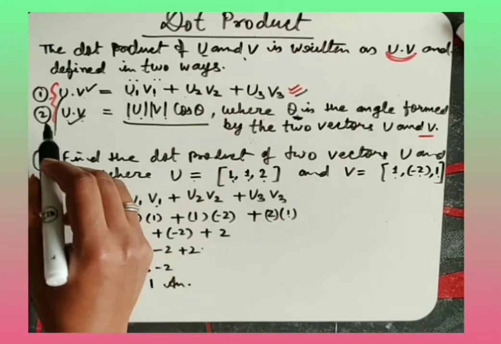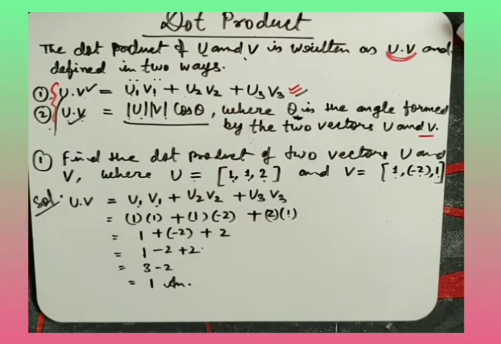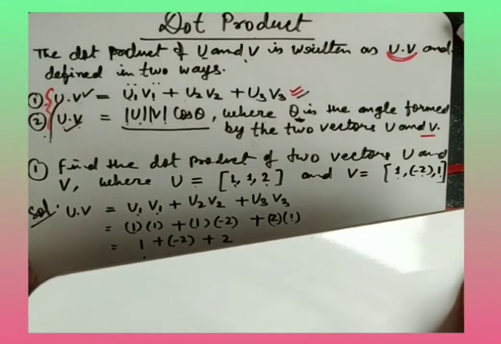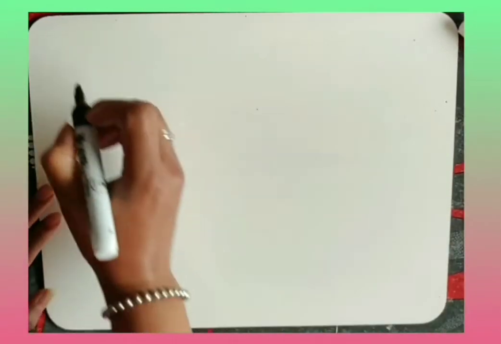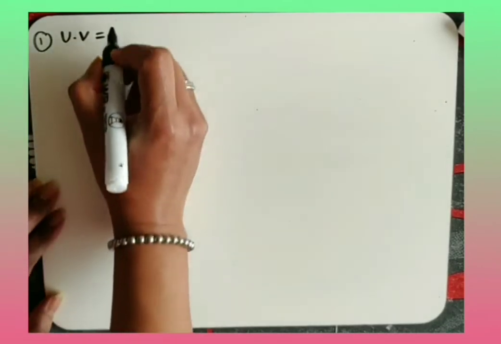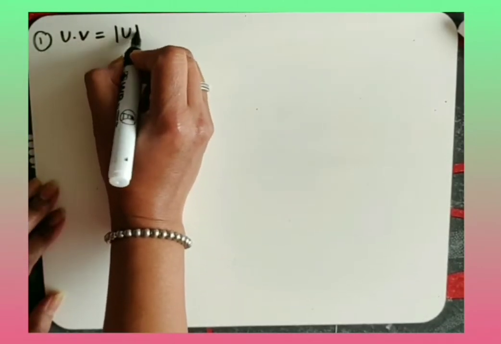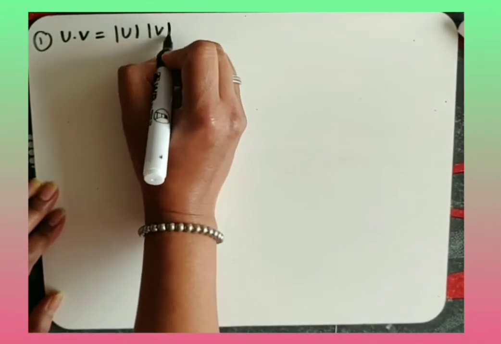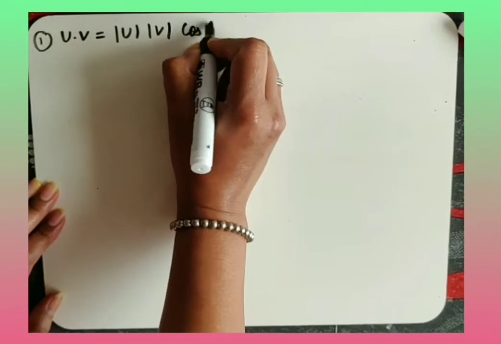Now we will take the second one and try to find theta here. The second method is to find theta. Write down the formula: u dot v equals the absolute value of u, the absolute value of v, and then cos theta.